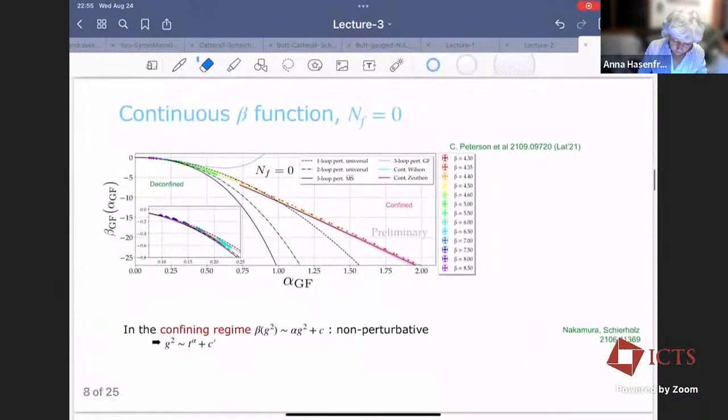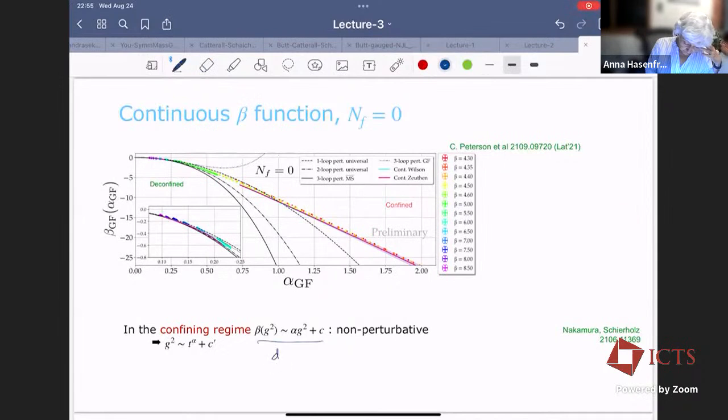And at that point, I have to say that I will do even more speculation than before. So why is it that the beta function is more or less linear? First of all, what does it mean? If the beta function is linear in g squared, we can integrate it out.